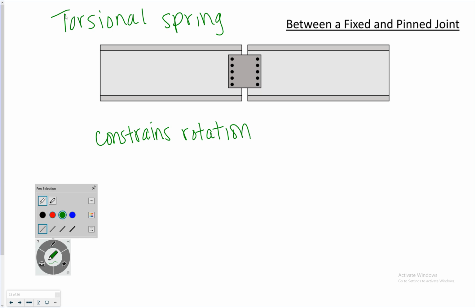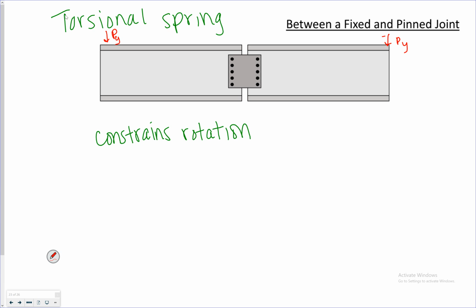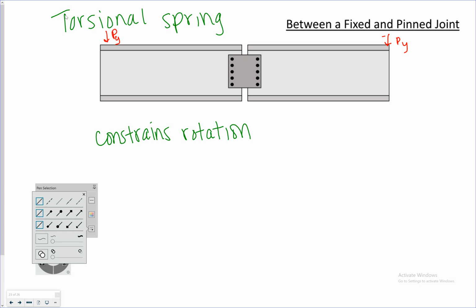Let's say I applied a vertical load here and a vertical load here. If I had a pinned joint, then I would have a displaced shape kind of like that.